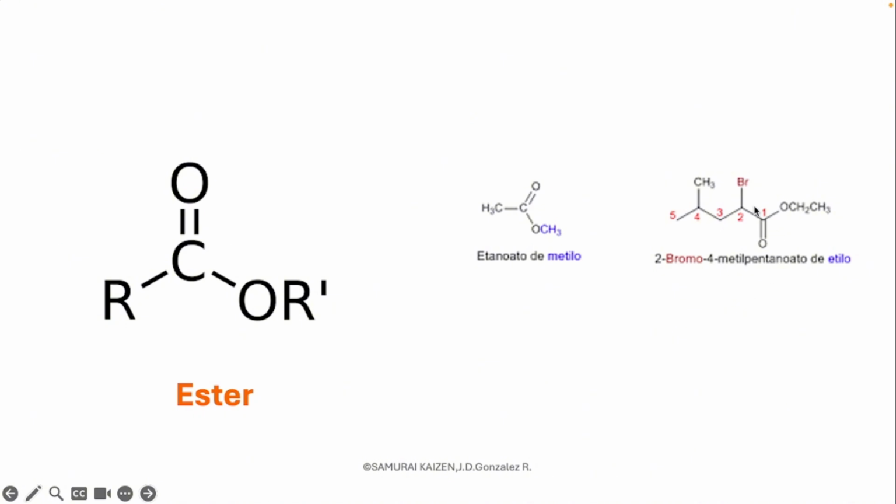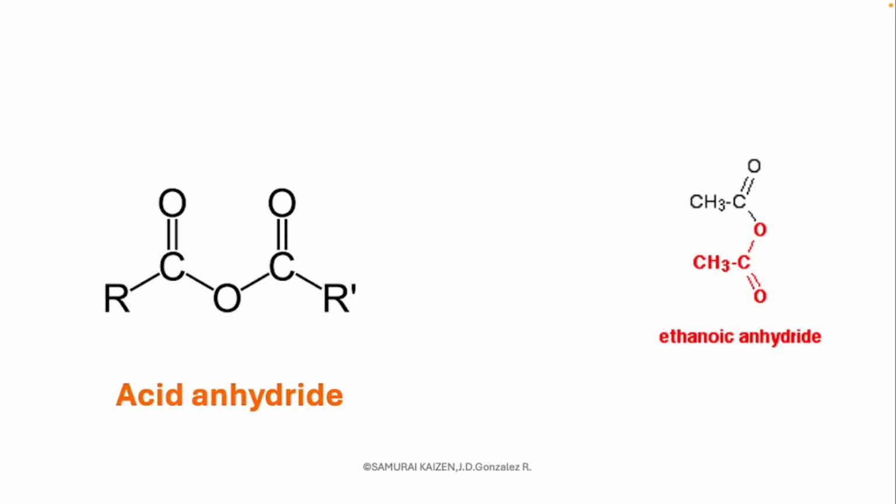Okay? This exercise also helps you to translate them from Spanish to English. Acid anhydride. An example of it is ethanoic anhydride. Okay, you get it? Let's repeat it once again. Acid anhydride. Good.